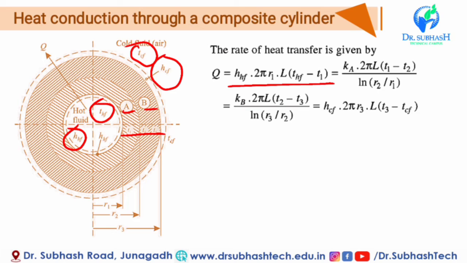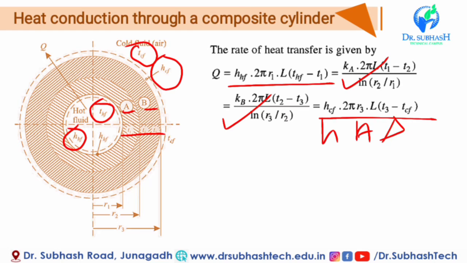It is equal to the conduction heat transfer through layer A, which is Ka into 2 pi L into (T1 minus T2) divided by ln(R2 by R1), is equal to the conduction heat transfer through layer B, which is Kb into 2 pi L into (T2 minus T3) divided by ln(R3 by R2), is equal to H_CF into 2 pi R3 L into (T3 minus T_CF), again from Newton's cooling law, h A delta T.